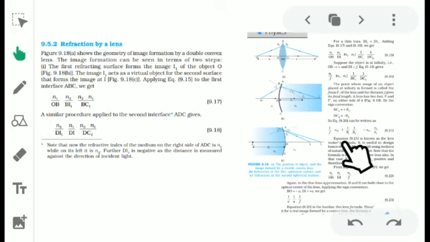Then if we consider the same equation for a thin lens, the equation becomes 1 by f is equal to 1 by v minus 1 by u. Then when you place this lens in a medium whose refractive index is more than that of the lens, the lens behaves like a concave lens. Why?